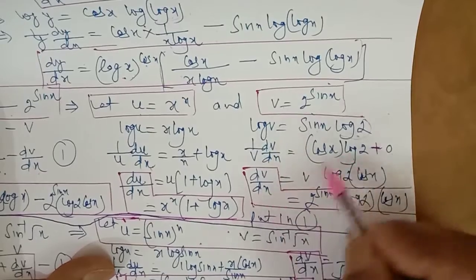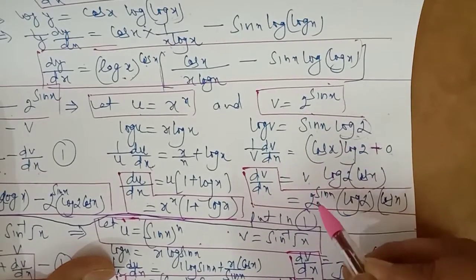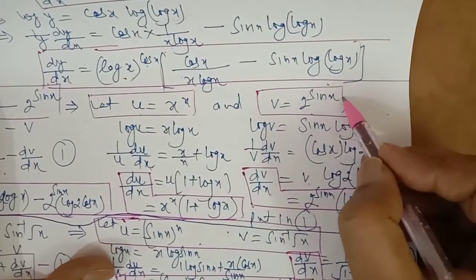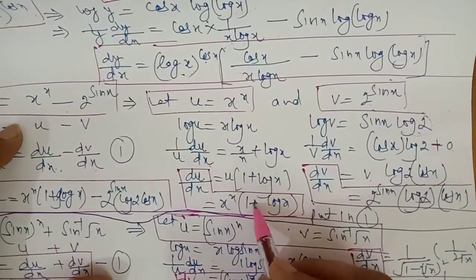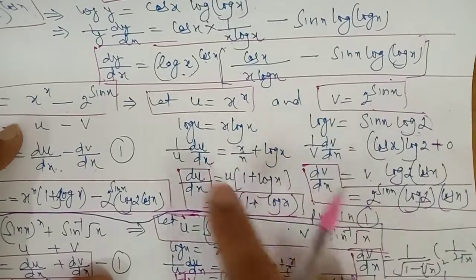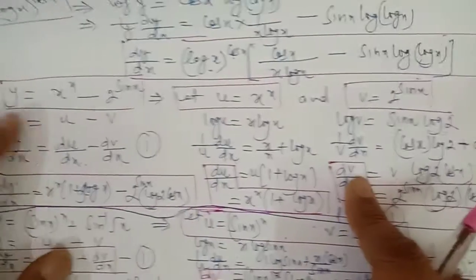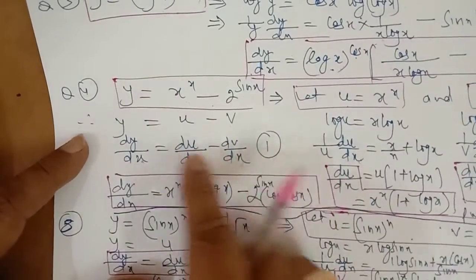So dv upon dx will be equal to this multiplied by v, and the value of v is 2 raised to power sin x. So this is the value of dv upon dx, this is the value of du upon dx, and you have to put these values of du upon dx and dv upon dx in this expression.